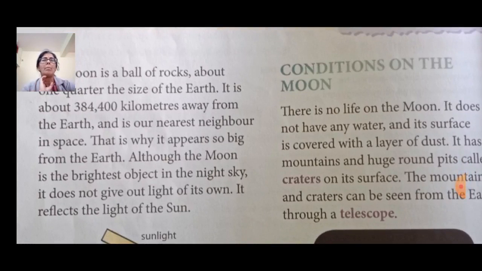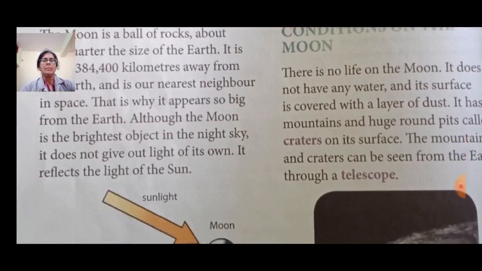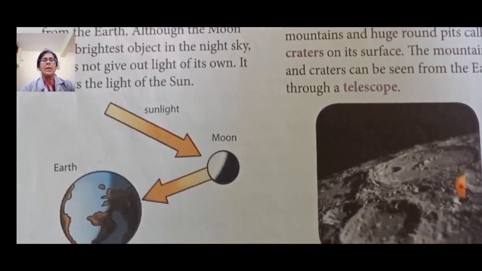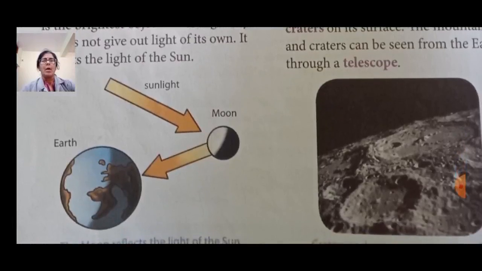It is a ball of a rock, so it does not have its own light. It reflects the light of the sun. Here you can see in the picture, sunlight reflect on the moon, and that is why we can see the moon at night, right?